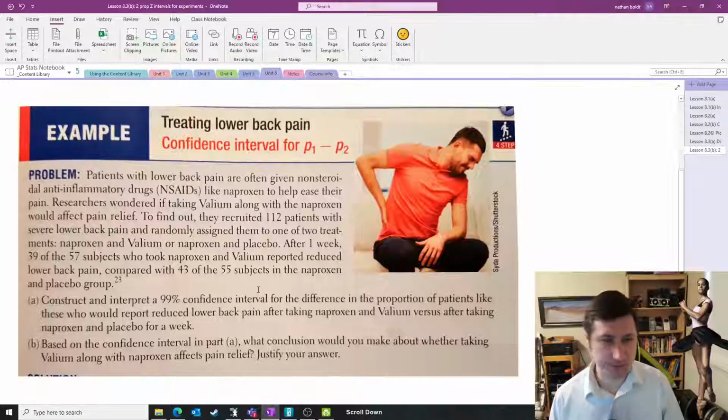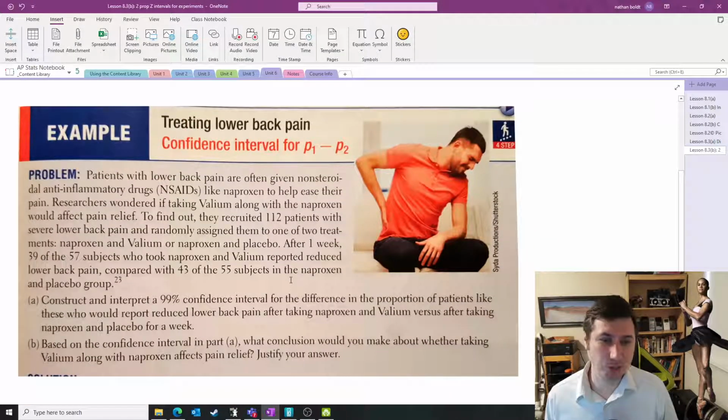So here's our scenario. Patients with lower back pain are often given non-steroidal anti-inflammatory drugs, NSAIDs, like naproxen, to help ease their pain. Researchers wonder if taking Valium along with naproxen would affect their pain relief.